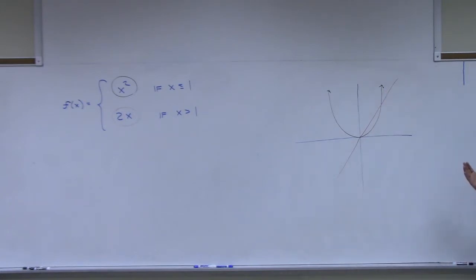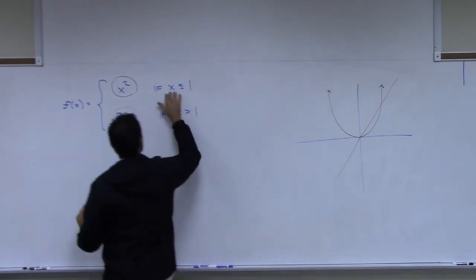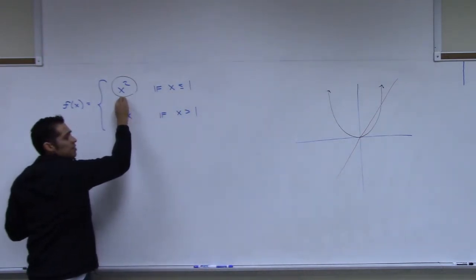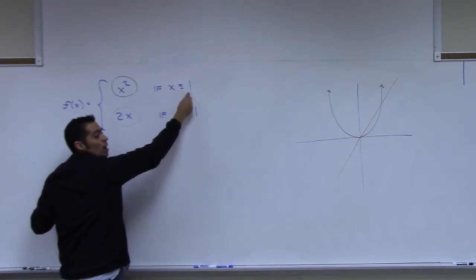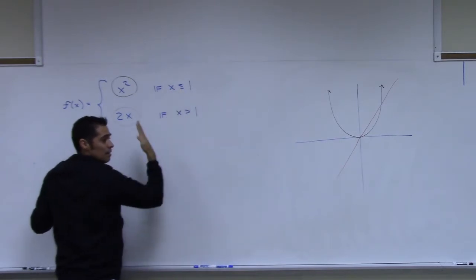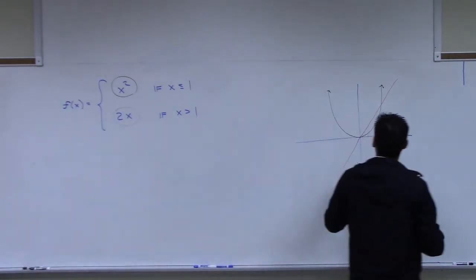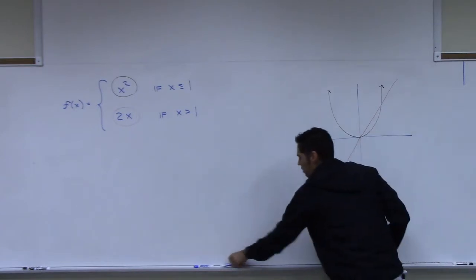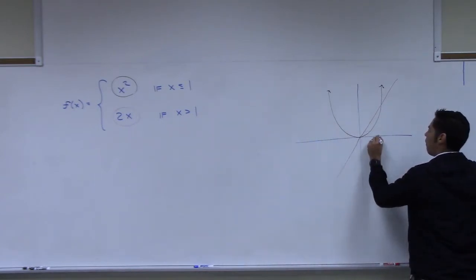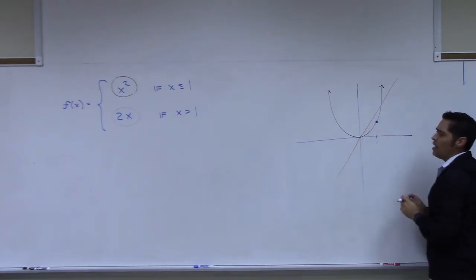So far, okay? Now, this information tells us that we're only supposed to draw x squared if our x values are smaller than or equal to 1. That means to the left of 1, right? So when I look at this parabola, if I go to 1 on the x-axis and go up to this function, if I plug 1 in, I get a solid dot on the parabola.